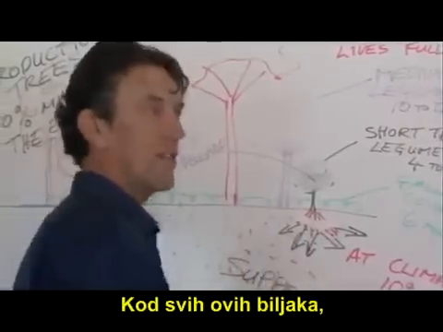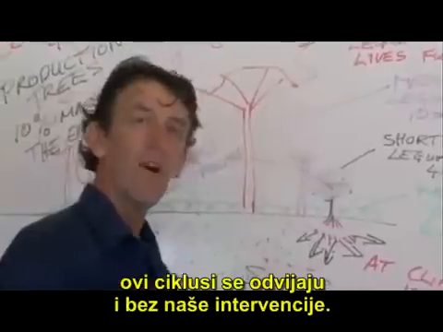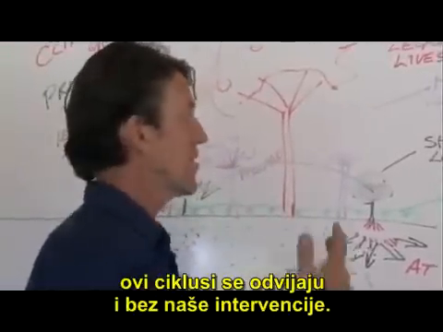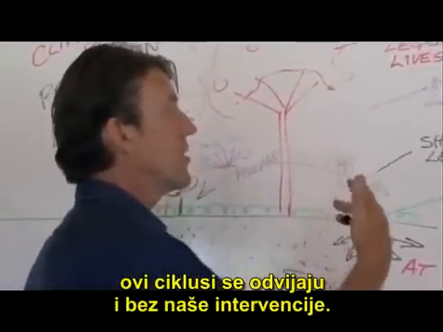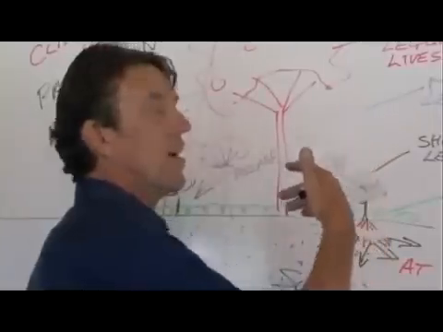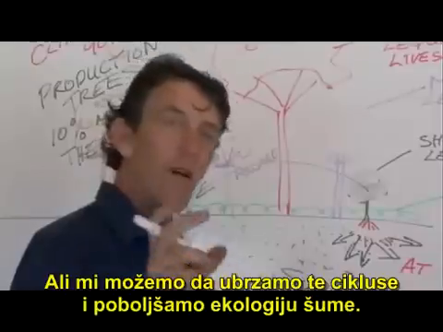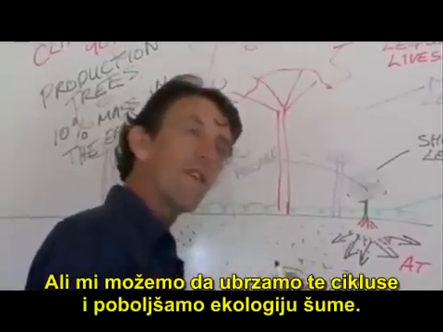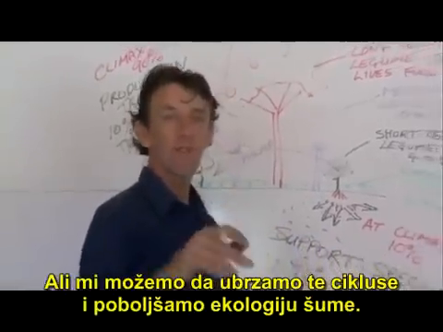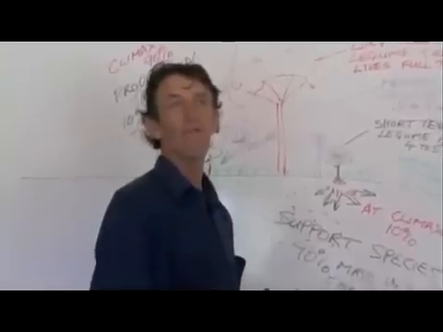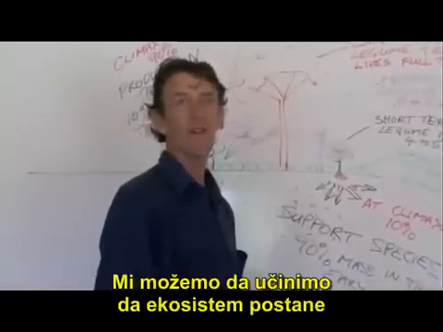All this happens in nature around the life cycles of these elements, the short term, the medium term, the long term. They're all cycles that are going on anyway. But you can orchestrate those cycles so you can speed it up. You can actually improve forest ecology.